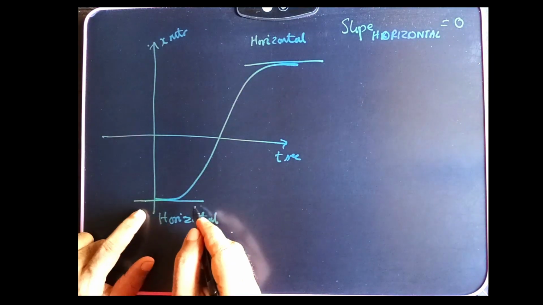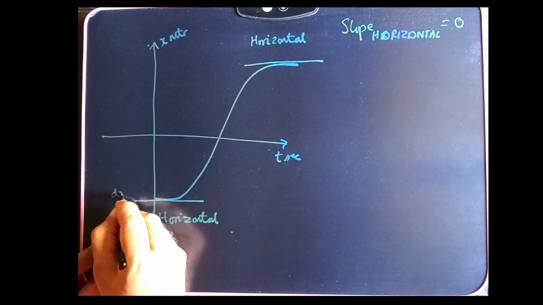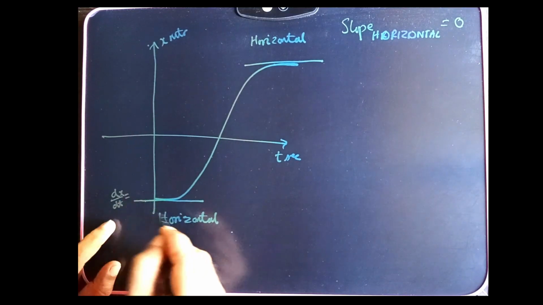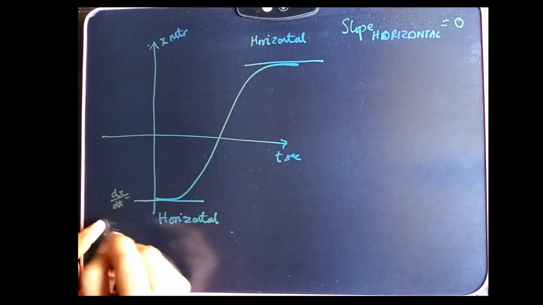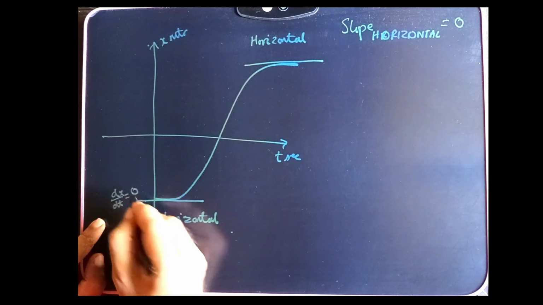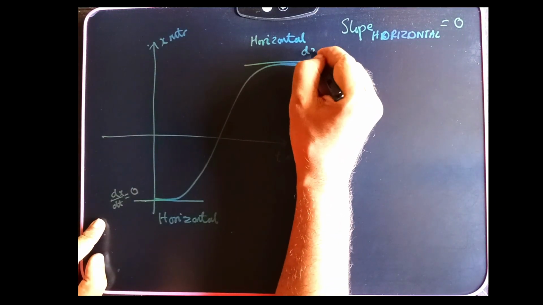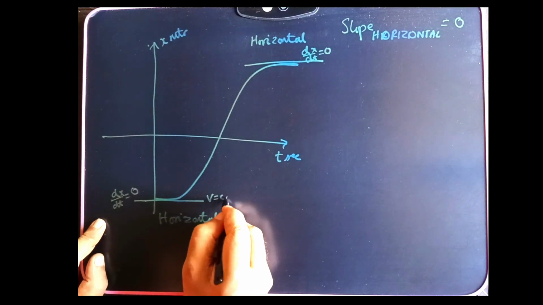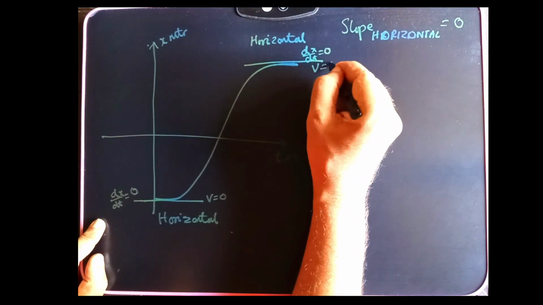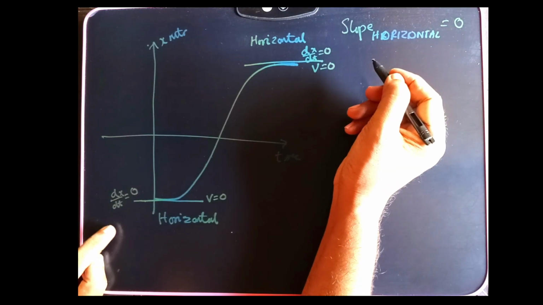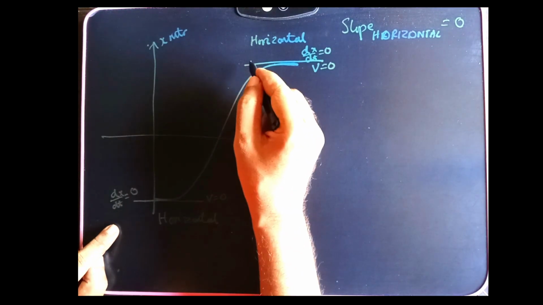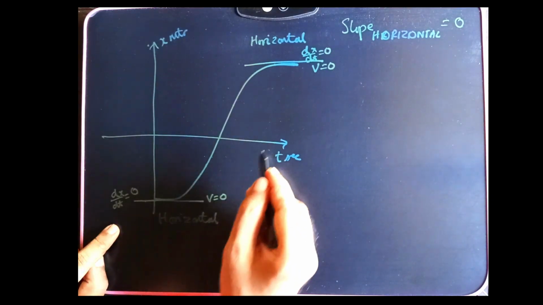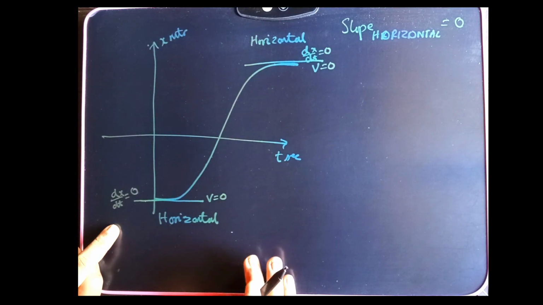That means dx by dt at this particular point of time is 0. Here also dx by dt is 0. That means velocity here is equal to 0. Velocity is 0 when the tangents are parallel to the time axis. That is when velocity will be 0.